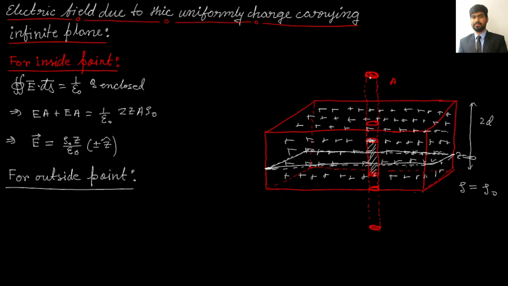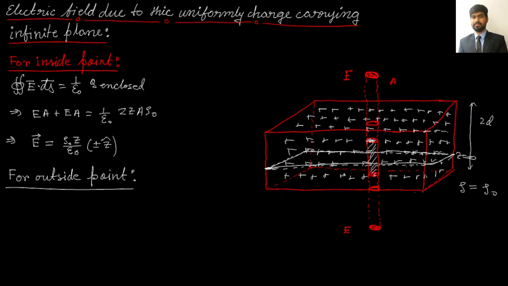So now, since each layer carries a uniform surface charge density, on this layer everywhere electric field will be constant, and on this layer also electric field will be constant. Okay. So what will be the electric field? Let's say if we assume that electric field on this point is E, so electric field on this surface will also be E, because we have considered both the surfaces at the same distance from z equals to 0.